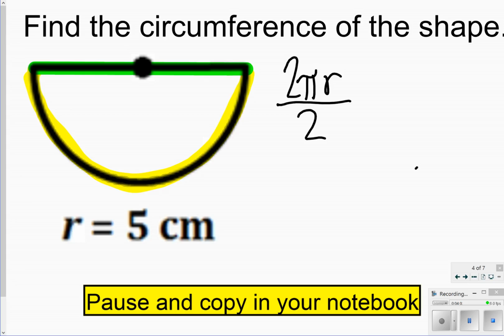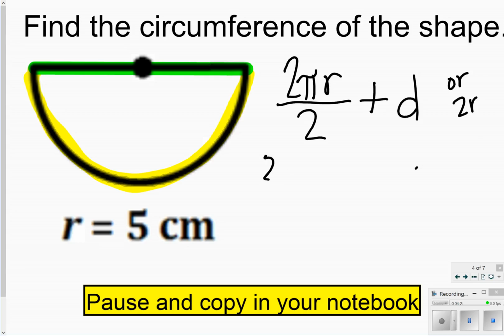That gives us the round part. What about the straight part? Well, we're going to add to the round part whatever the straight part is. And the straight part is a diameter, or we could say that it's 2 radii as well, whichever one makes you feel more comfortable.